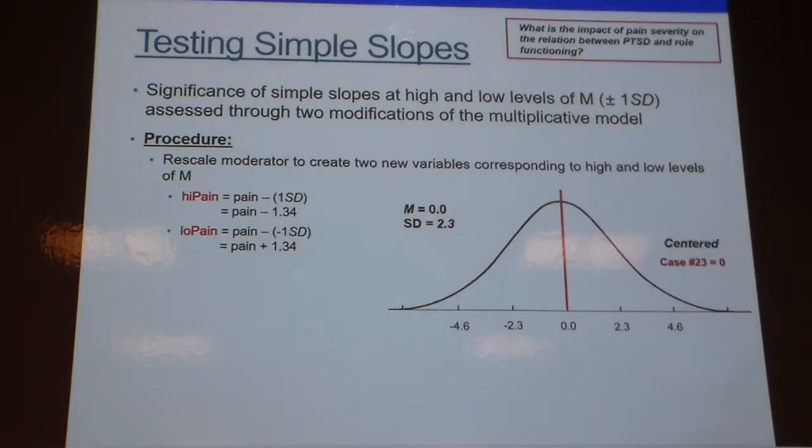Morgan is at 0, average levels of pain, but if we add a standard deviation, the mean level now corresponds to a value of 2.3. 0 now corresponds to low levels of pain, right? This is why it's important to always know what your 0 value corresponds to, because it's going to help you with the interpretation of these different models.